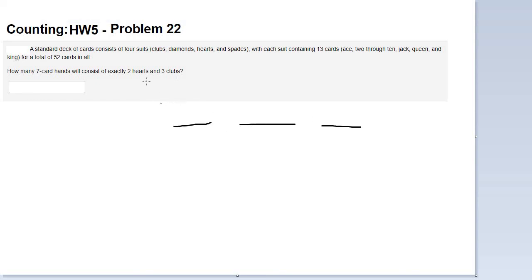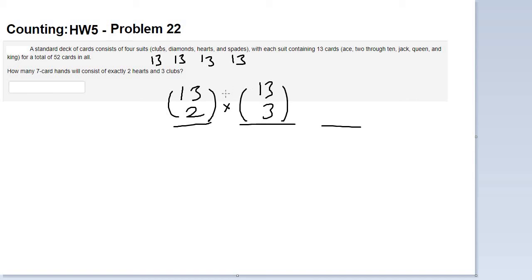So we're picking 2 hearts out of 13, because we have 13 hearts, 13 spades, 13 diamonds, and 13 clubs. Out of those 13 hearts, we are picking 2. So 13 choose 2 times 3 clubs, so 13 choose 3. From 13 clubs, we are picking 3 of them.